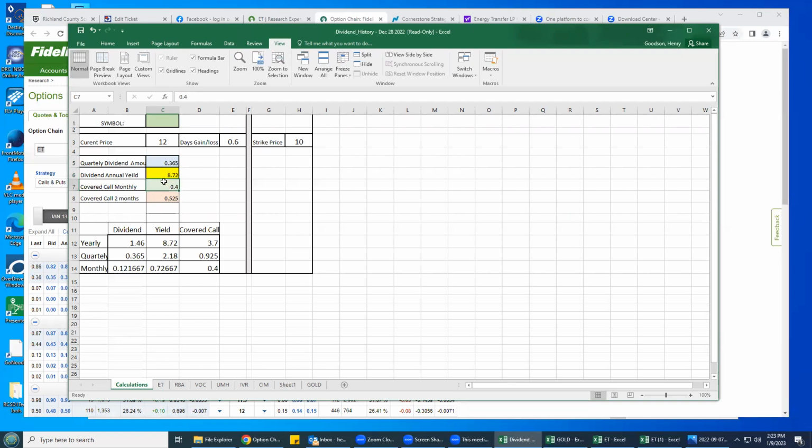So if you did 8.72% yearly, then that's 0. So the 8.72 is per year. You want to break that down to quarterly, and then monthly.